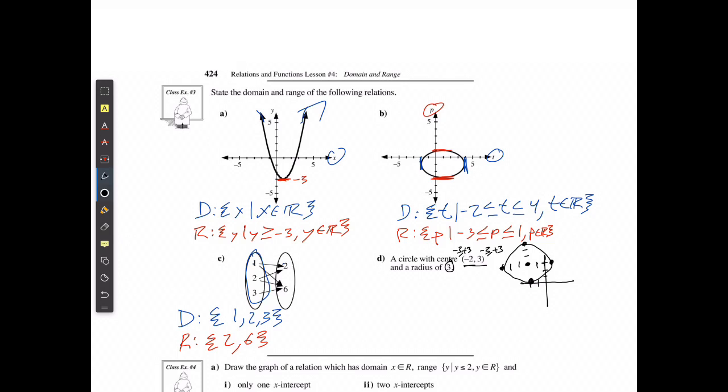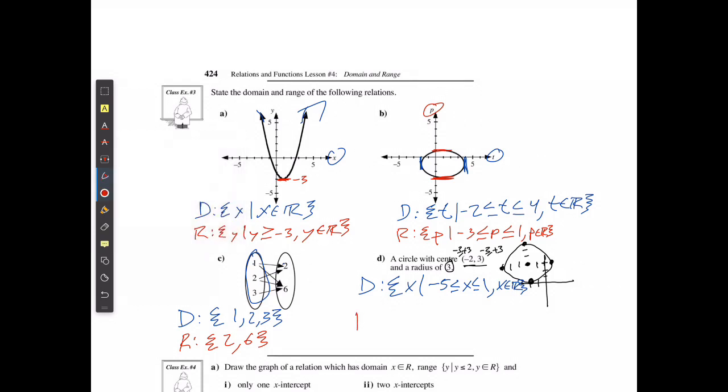For the x, or the domain, I'm going to say that the lowest point is going to be -2 minus another 3, -5, is less than or equal to x, which is less than or equal to, if I take -2 and add 3, I'm going to have +1, where x, e, r.